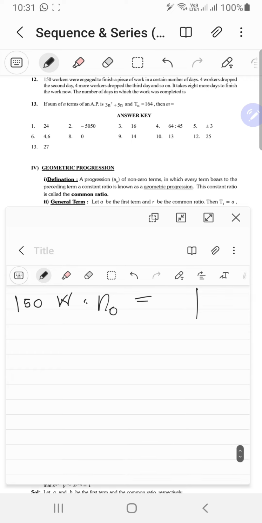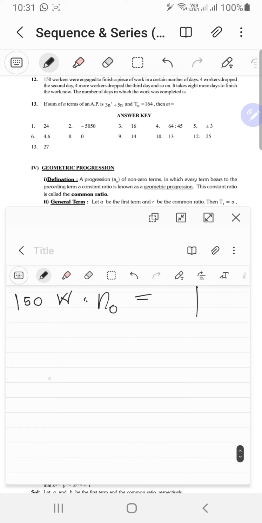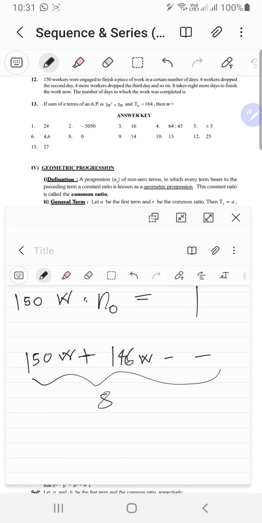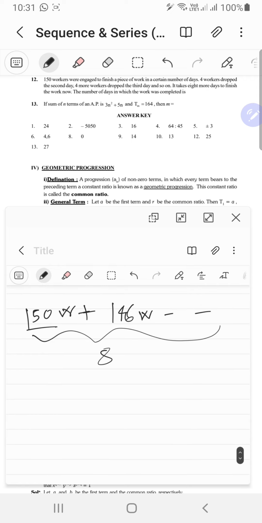That now these are dropping, so 150w plus the next time 4 have dropped, so it's just 150 minus 4, so it's 146w, and it keeps on going like that. And now there's going to be 8 of these days, so there are going to be 8 of these terms. You know what the first term is, you know what the difference is, so you can know what the sum is.